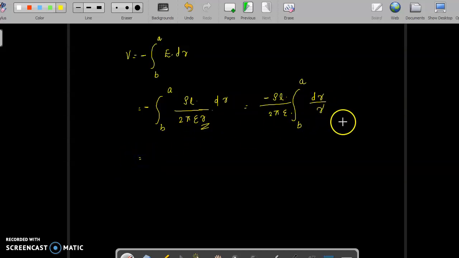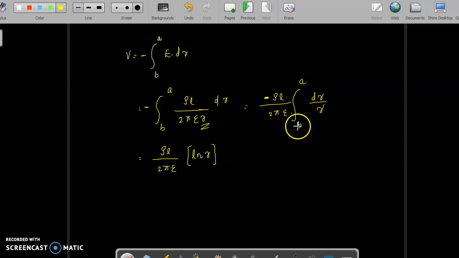Now the integration of 1 by r is the natural logarithm of r. If you want to change the minus sign here, you just interchange the upper and lower limits. So this becomes rho L upon 2 pi epsilon times the natural logarithm of r, substituting the upper and lower limits.